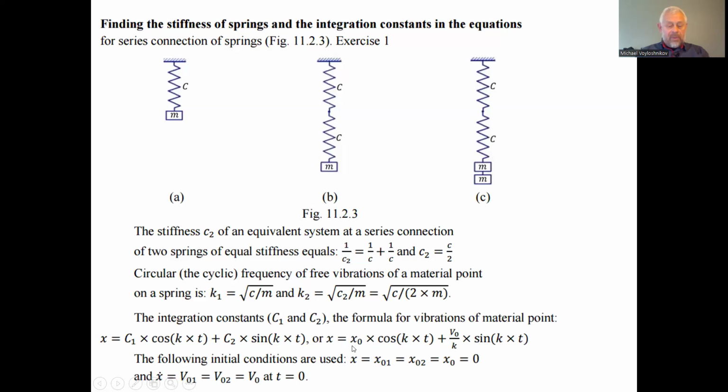Here it is equal to the square root of one summand, which is x0 squared, and another summand under the root for finding the amplitude, equal to V0 divided by K, squared.